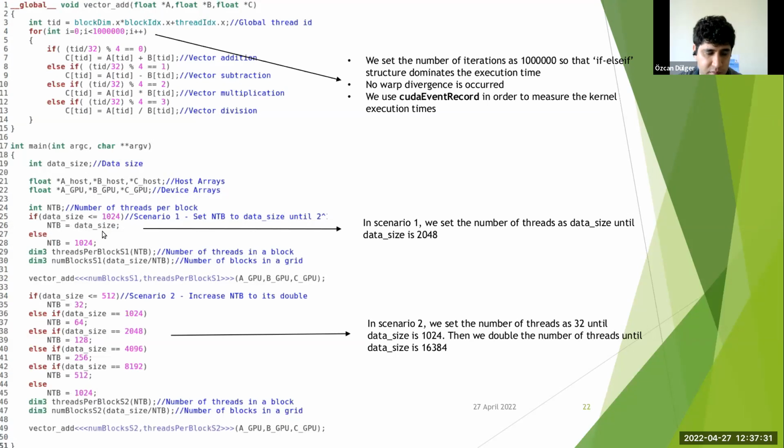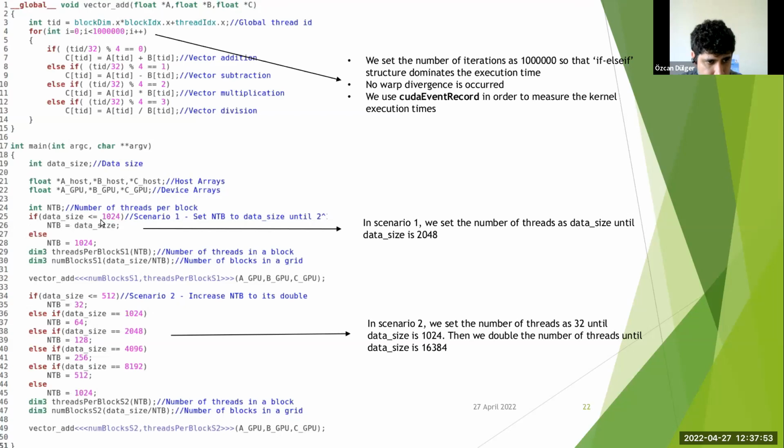Let me tell you the first scenario now. For different data sizes, we set the number of threads in a block to a different value.